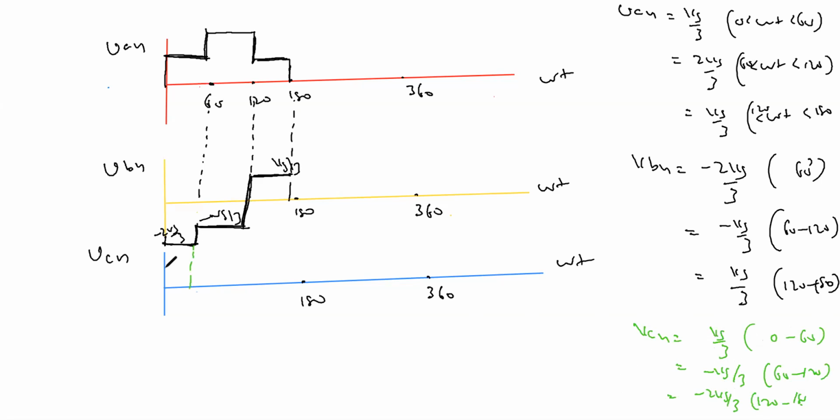So 60 Vs by 3, 60 to 180 minus Vs by 3. Is it minus 2Vs by 3? Like this we will draw. And even up to 180 we calculate, even 180 to 360 also we can calculate. The waveform will be the same. This pattern repeats in the negative sign. So which means here now this is 240, 300. The pattern is like this here.